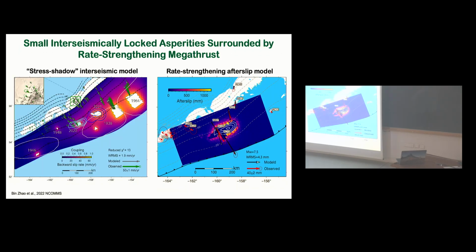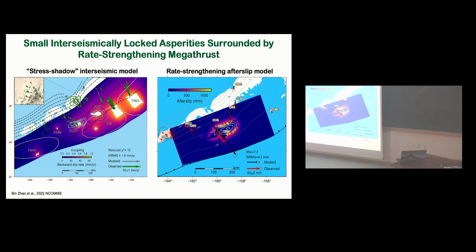Okay, so at this point, I've shown you this case for if we use this model of persistent asperities and want to model interseismic deformation with that approach, I have to make my fully locked patches quite small, much smaller, about 1/4 of the size of what was thought to be the slip zone of these earthquakes to match the surface deformation data.